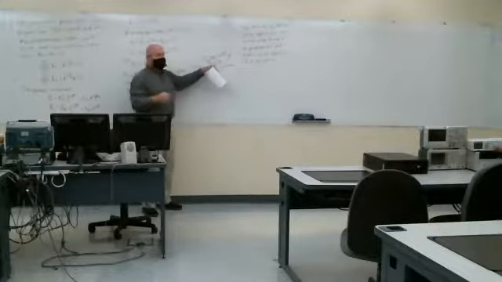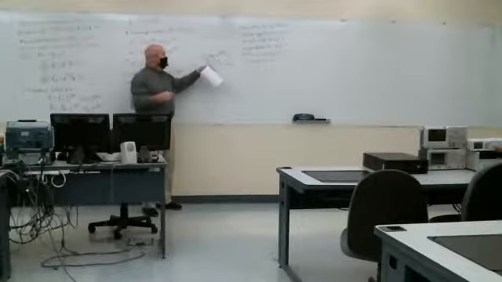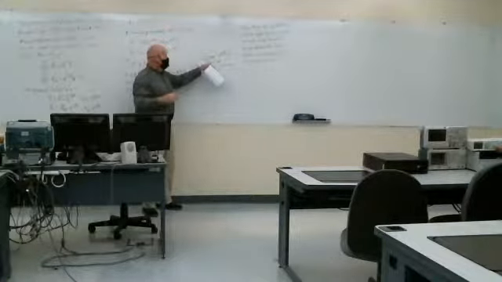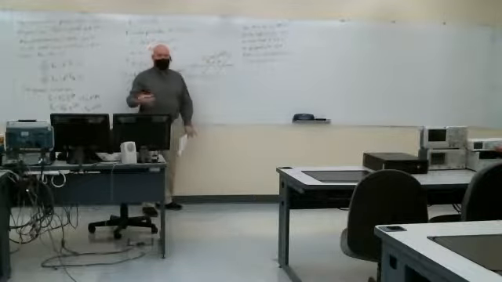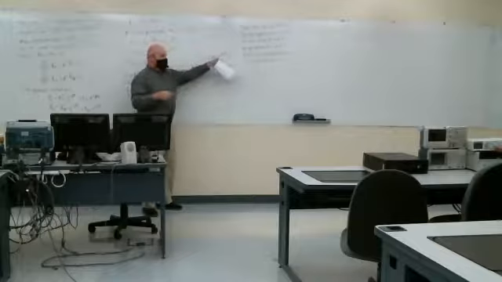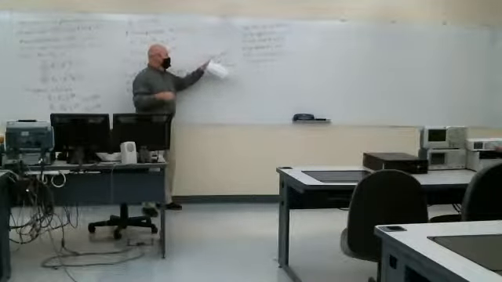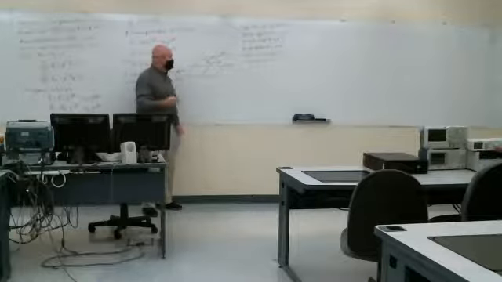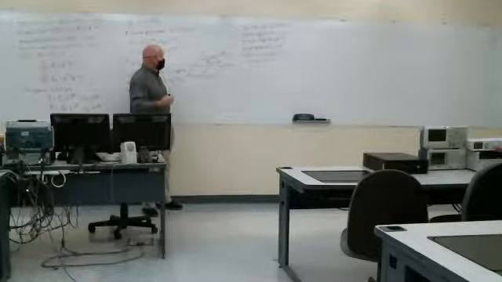Now, knowing that H is perpendicular, I've drawn E in the X direction, but again, we could rotate the plane, so E could be in any direction. But we do know that H is going to be perpendicular to E. If E is in the X direction, H could be plus Y directed or minus Y directed. Both of those are correct.